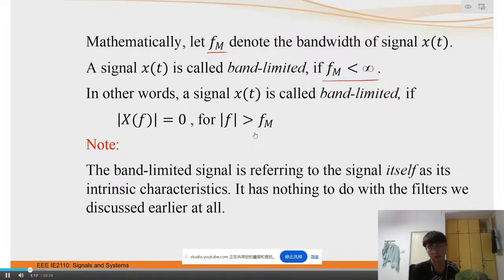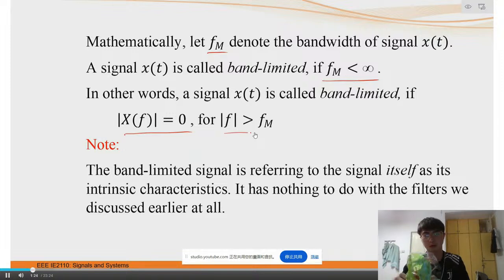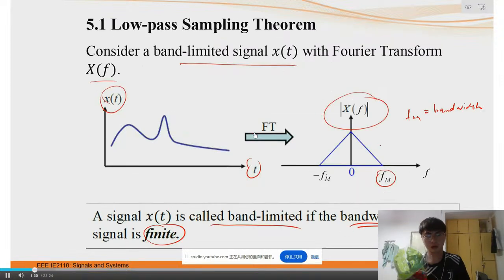In other words, a signal is called band limited if the amplitude spectrum has a zero value for frequencies larger than fm. So anything outside here will be zero.